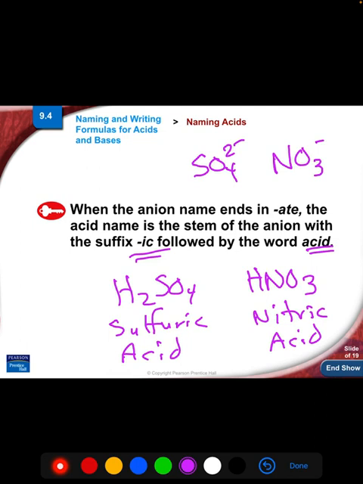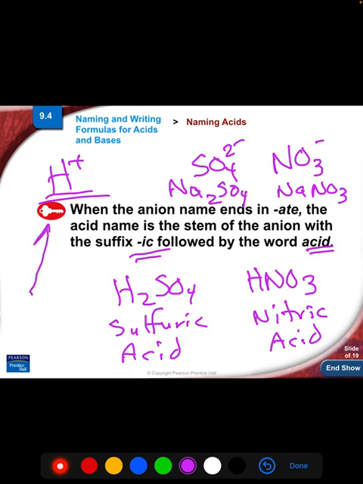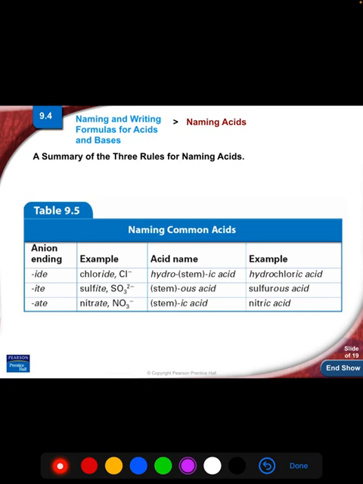If I were to make sodium nitrate, combine it with sodium, this would become sodium nitrate, or this would become sodium sulfate. Okay, but when I put the H plus cation, the hydrogen ion, with these different polyatomic anions, then I've produced an acid. Because remember, an acid is anything that produces H plus.